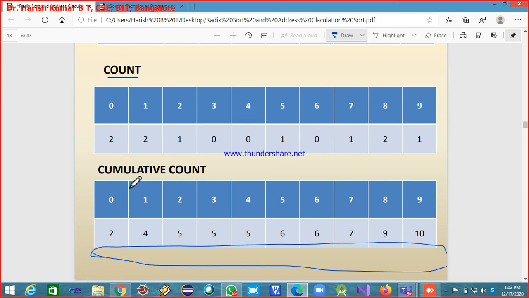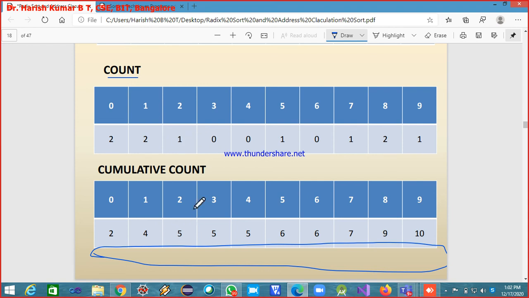See, 2 plus 2 is 4. Hope you are following. So 4 plus 1. This is the current sum. 4 plus 1 is 5.